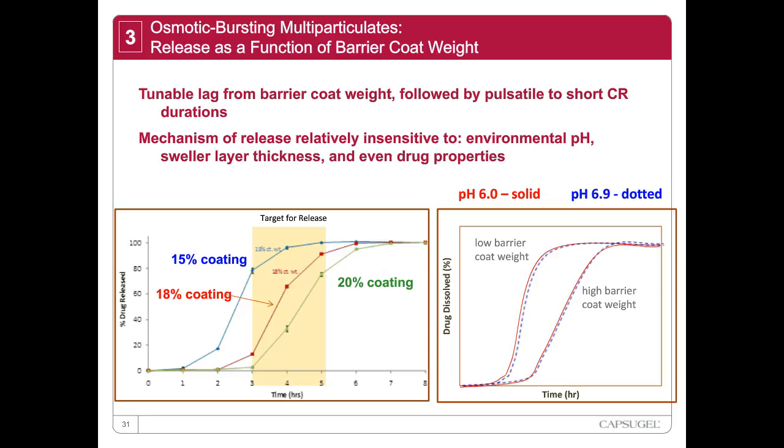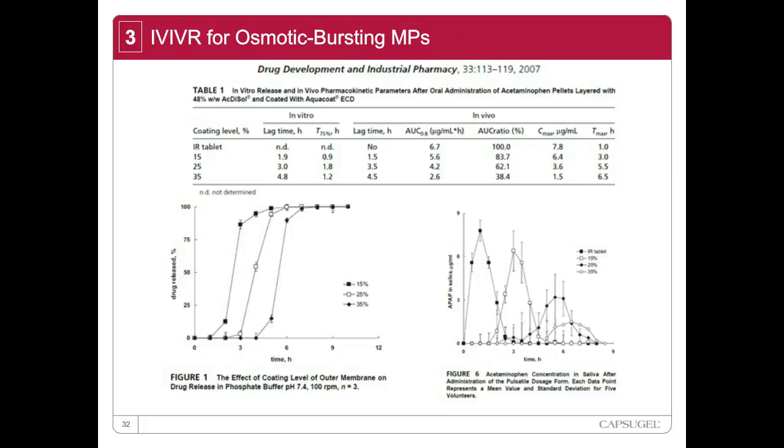This is even amenable to other types of API drug properties such as size, as long as it's applied smoothly to the particles. I grabbed this literature slide here to show the in vitro in vivo relationship that can be attained by osmotic bursting multiparticulates.